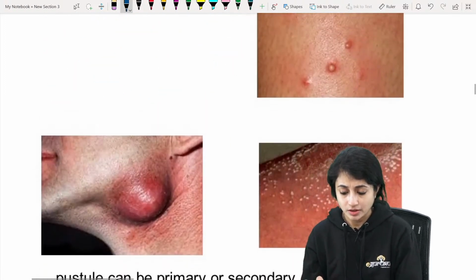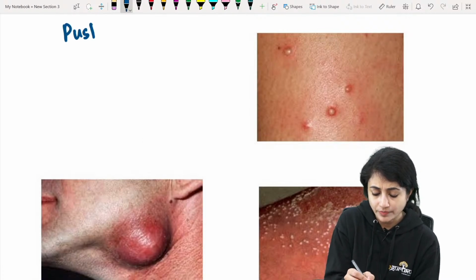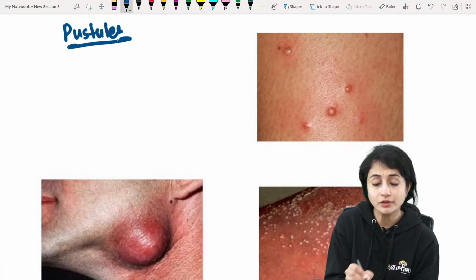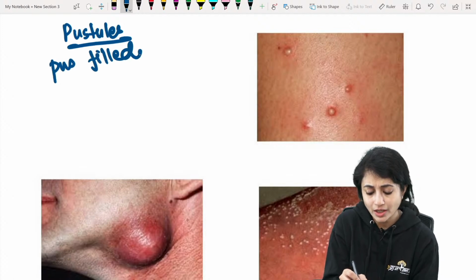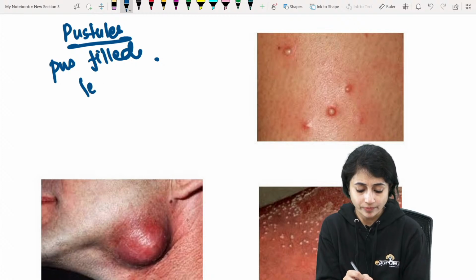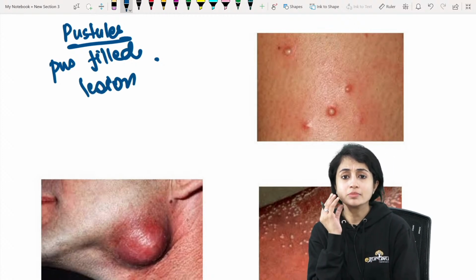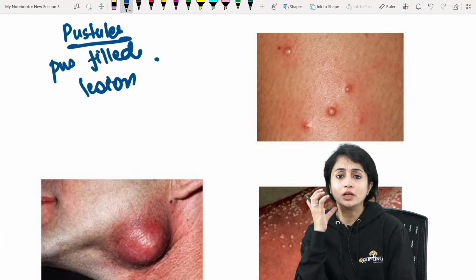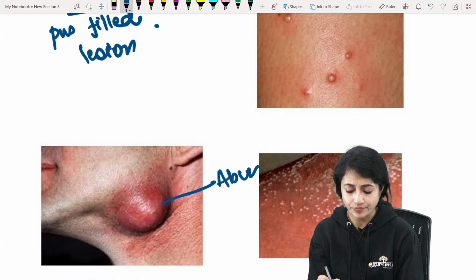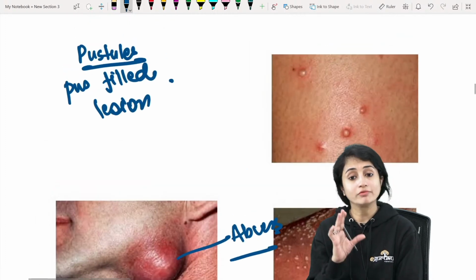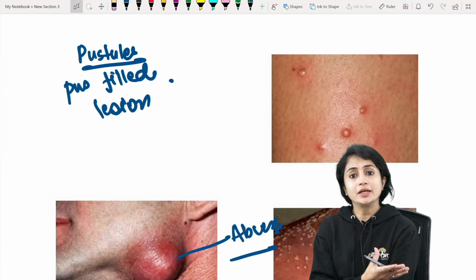Then, I told you vesicles and bullae were filled with clear fluid, but if I have a pus-filled lesion, it is called a pustule. Sometimes these pus-filled lesions may form a large abscess. Sometimes you have vesicles and bullae that get secondarily infected and develop pus in them.